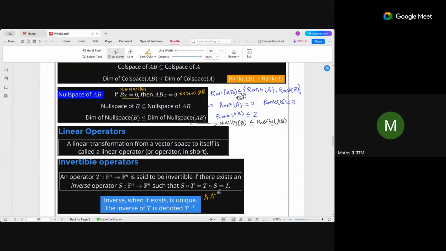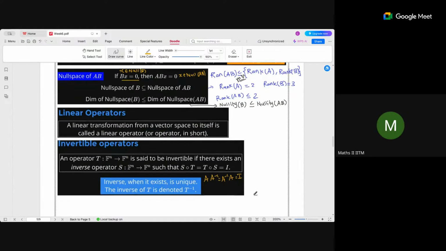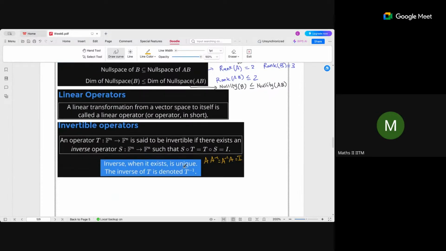A times A inverse equals A inverse times A equals identity, right? Remember that the inverse, whenever it exists, is unique. Given one operator, there is only one operator S which satisfies this condition. There cannot be more than one.